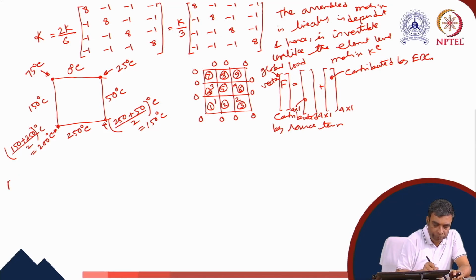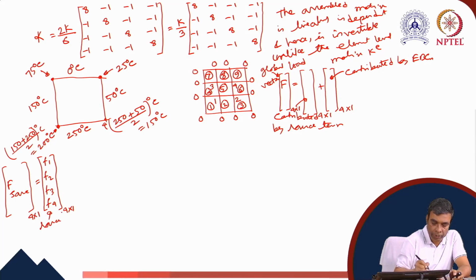So F source equals to F1 source, F2 source, F3 source and F4 source, 4 by 1. This is the source part.